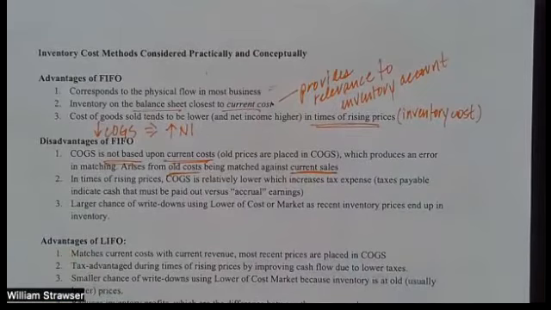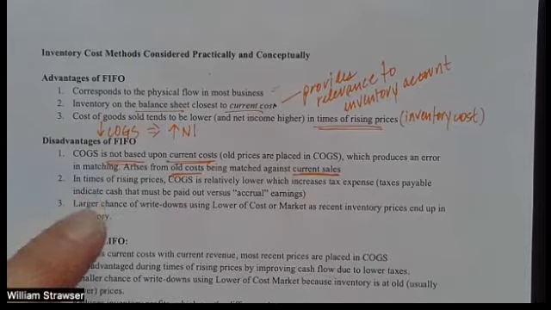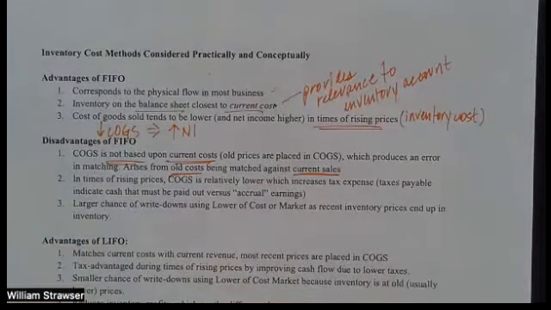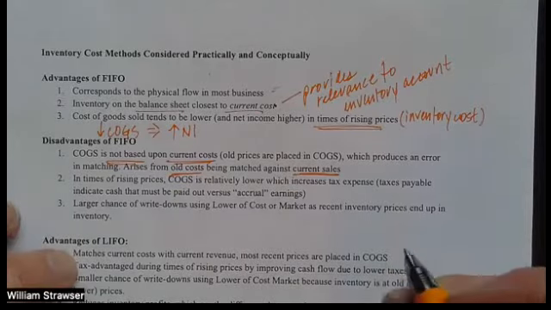Well, I bought that stuff maybe last year, and now I'm matching it against sales that I'm making in December of the following year. So that could be problematic. In times of rising prices, cost of goods sold is relatively lower, which increases tax expense. And we're going to see that in a moment.